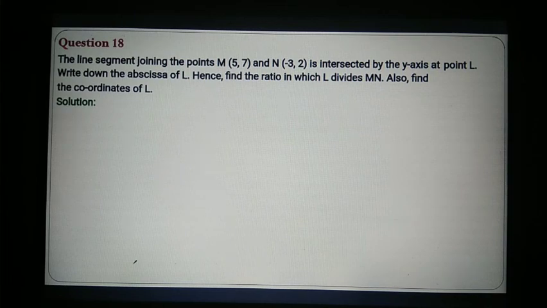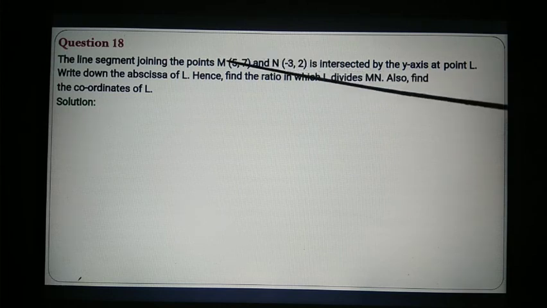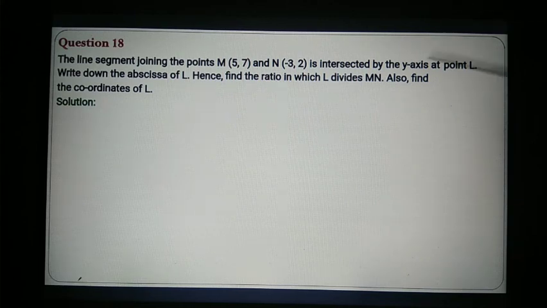So there is a point M and N. When these 2 points are joined, the line segment which you get will intersect the y-axis. So that means the point of intersection of the y-axis and the line will have abscissa equal to 0, right?